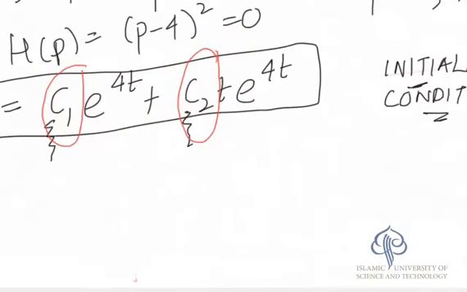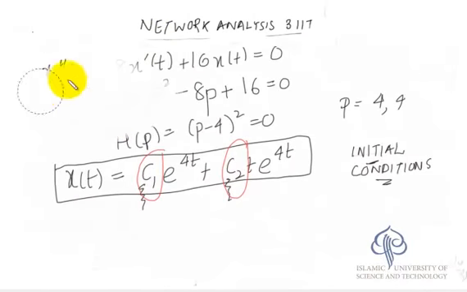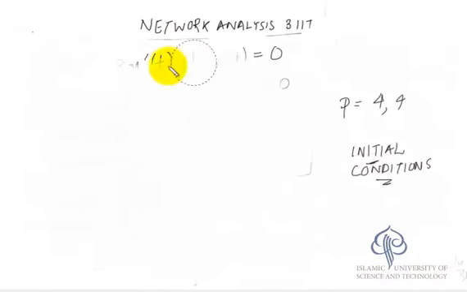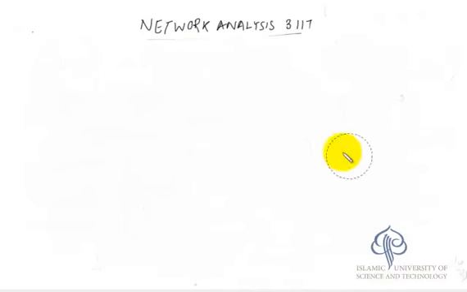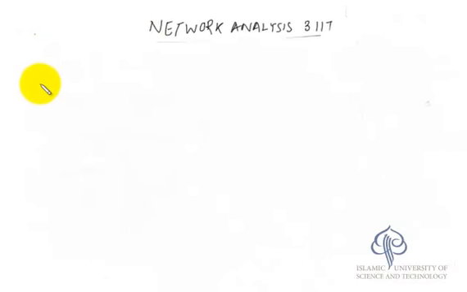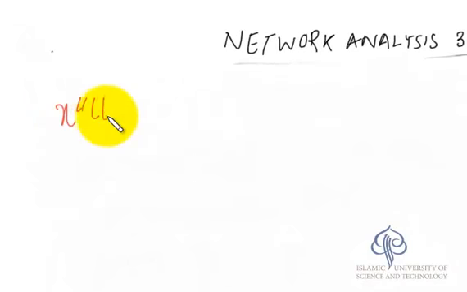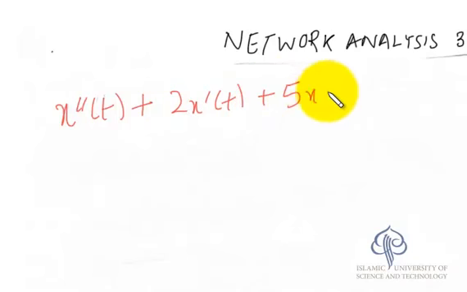Similarly, another example: if you have a differential equation given by x double dash t plus 2x dash t plus 5x(t) is equal to 0.